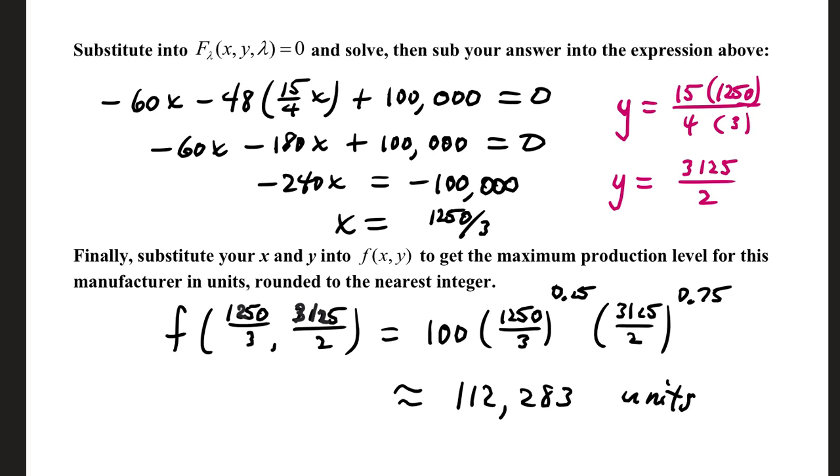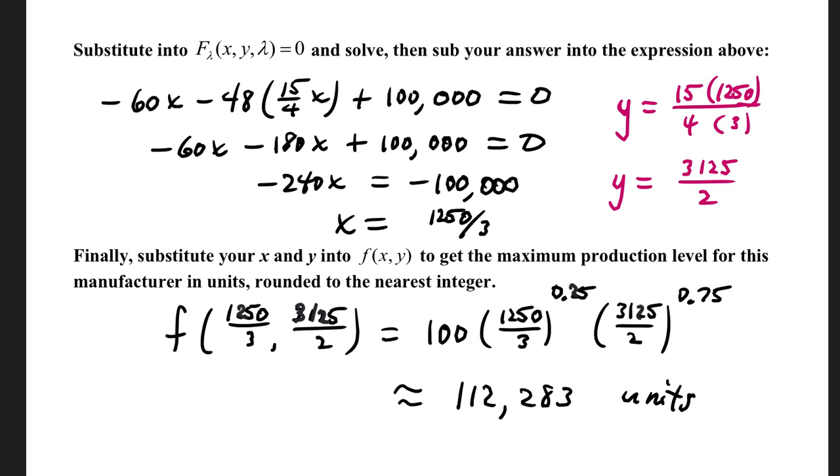Plug that into the original function. Be very careful when you're putting these exponents in your calculator. So we'll have 100 times our x value to the 0.25 power times our y value to the 0.75 power.